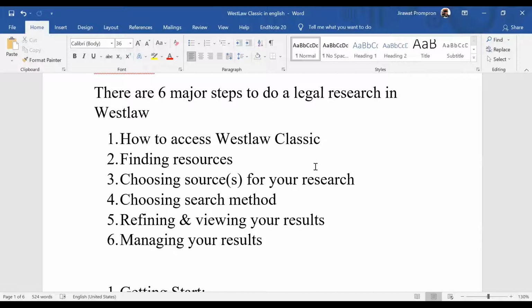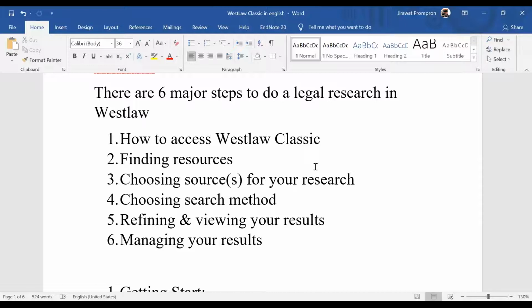And the third step, when you have found a source that matches your topic, how can I choose sources, maybe multiple sources for your research? This is the third step.